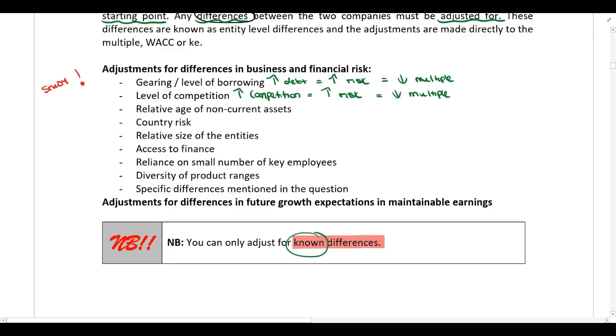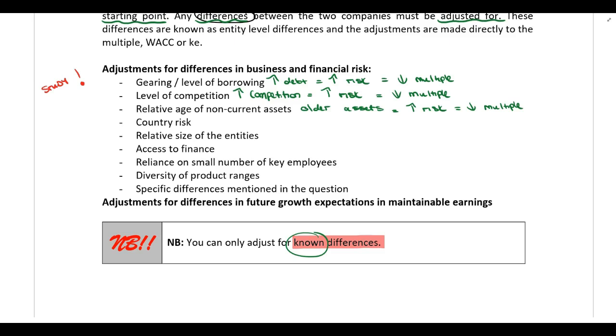So a company with older assets is going to be more risky, and if the company is more risky, we need to decrease our multiple. If they have newer assets, they're less risky, and we then increase the multiple. Once again, we were not given any information relating to the age of non-current assets, so we can't adjust for this in our question.